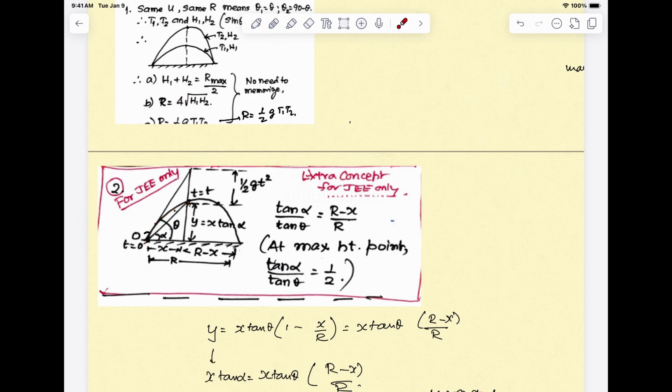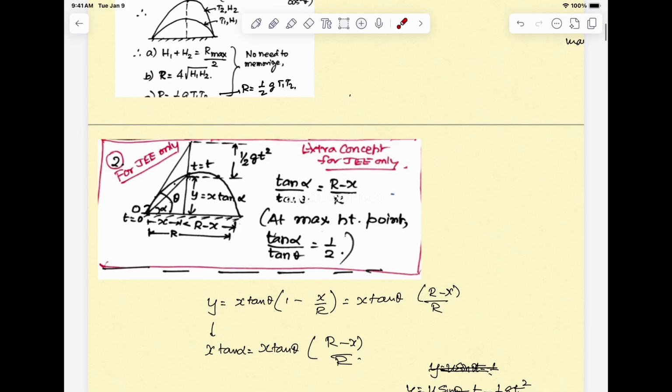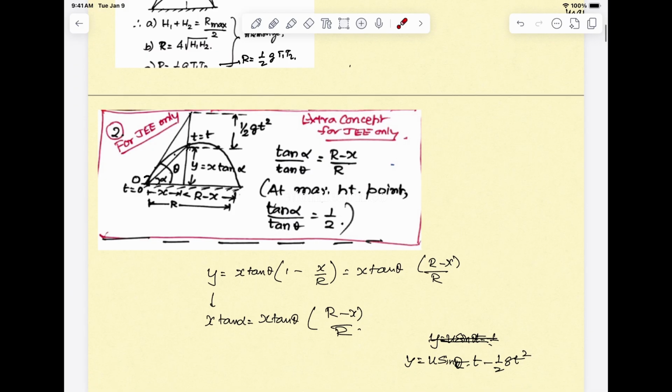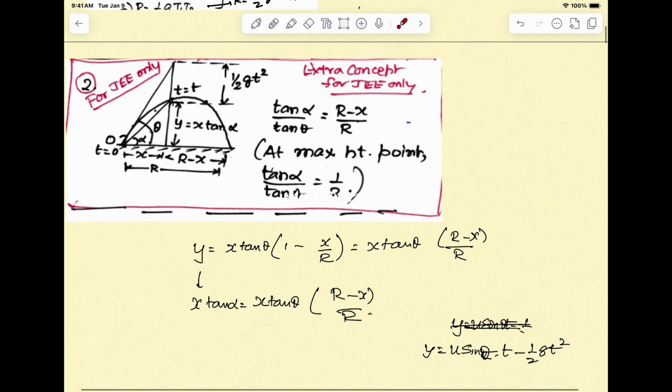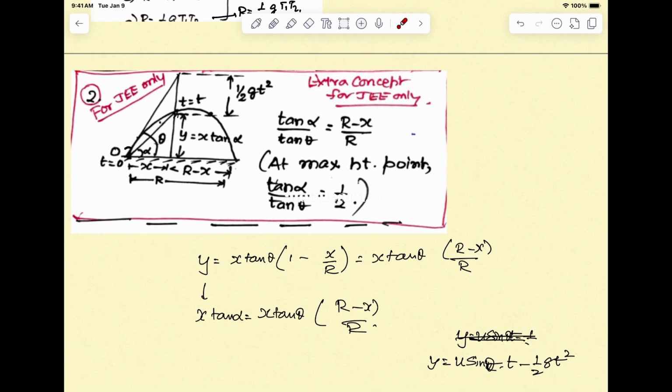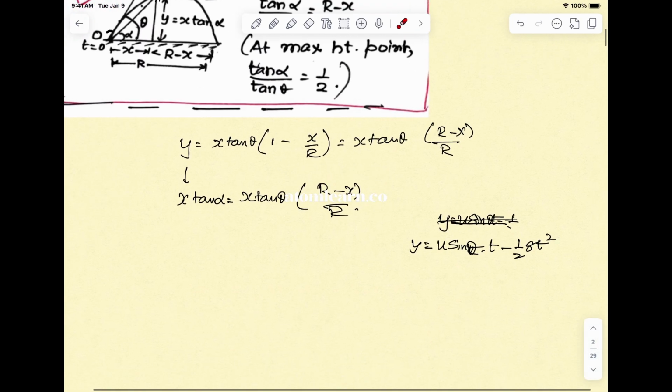Therefore both will meet at the same point, which means the thrown stone will hit the bird, as we have proved based on this. This is a usual question which will be available in all the books also. The proof of it is by means of this particular concept that we have explained.